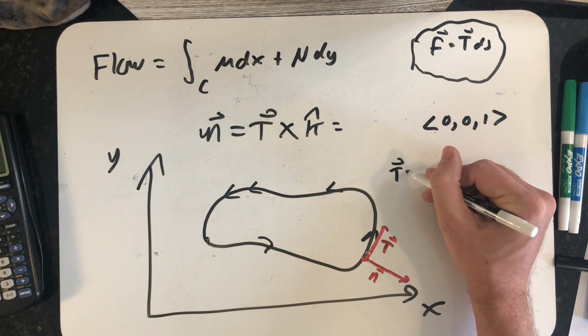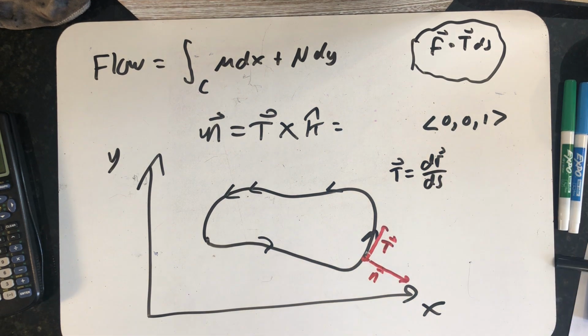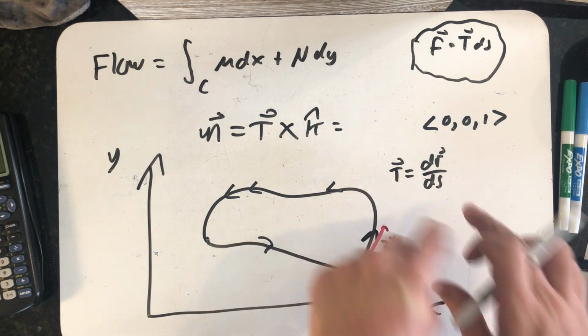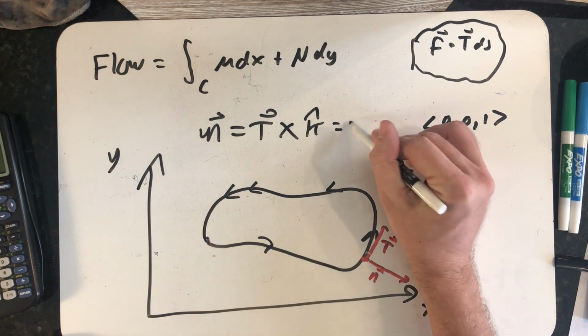Well, one of the ways you can think about t is as dr ds, the rate of change of position with respect to arc length. Now, we usually calculate this as dr dt over its own magnitude, but this is something we saw earlier in the course, and you can pause the video here and go verify that if you'd like.